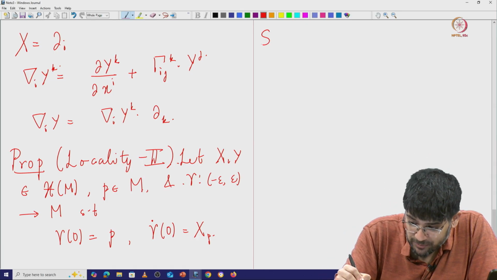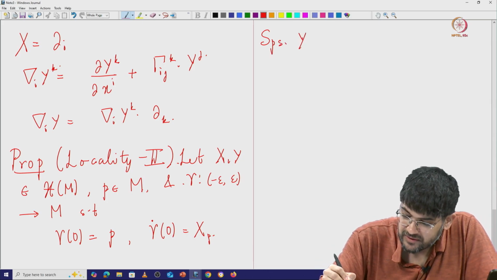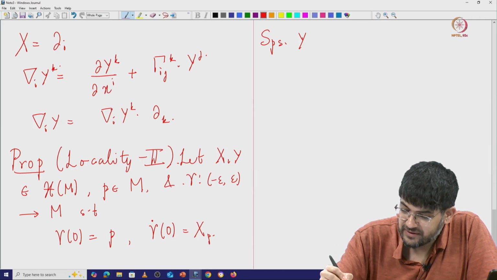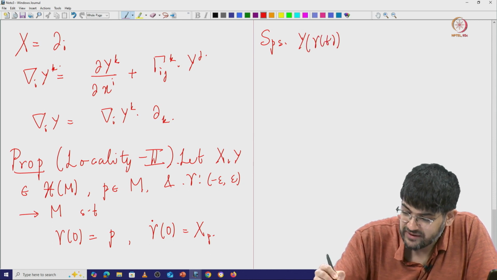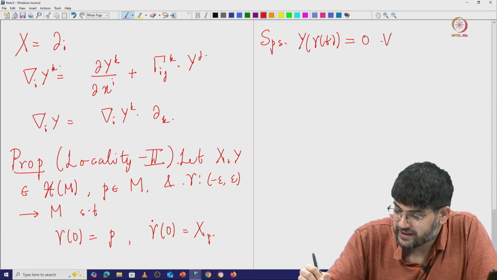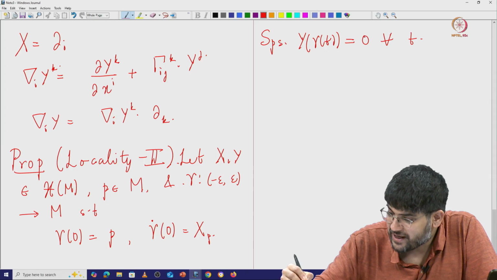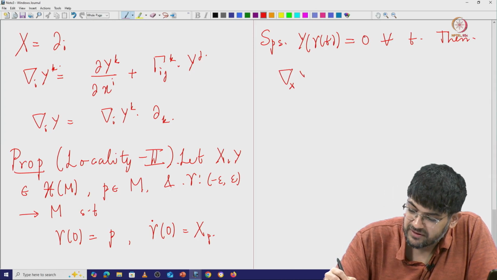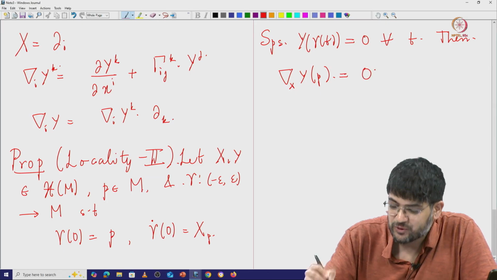Now suppose y of gamma of t is 0 for all t. Then my claim is that if you compute the derivative of y with respect to x and evaluate it at p, it will be 0.